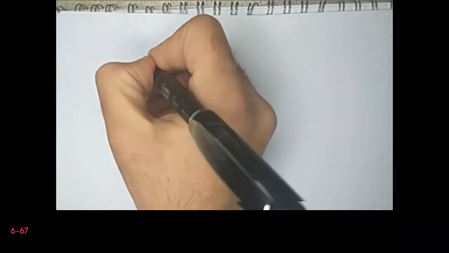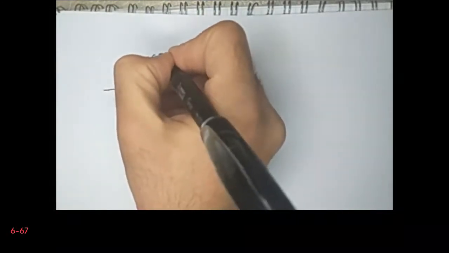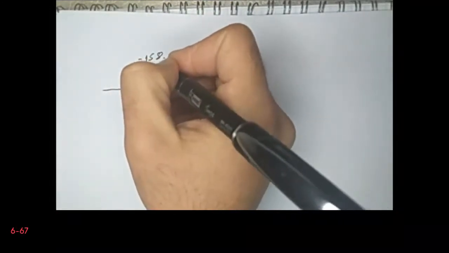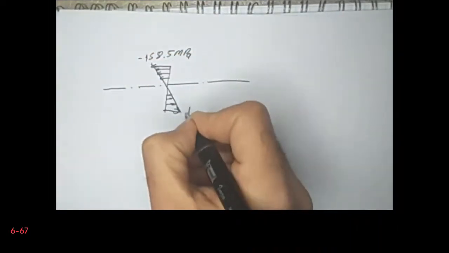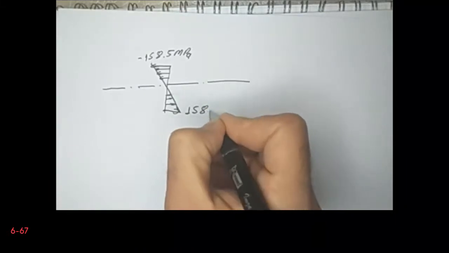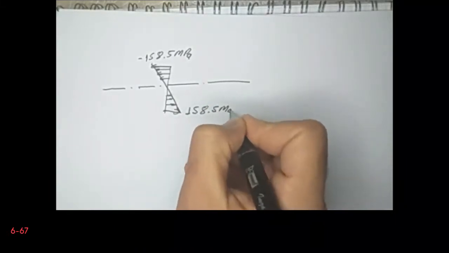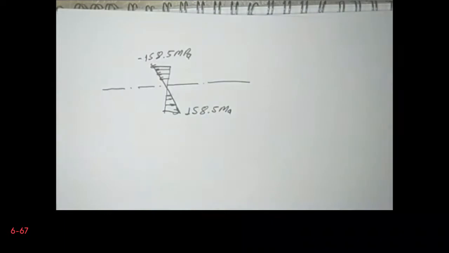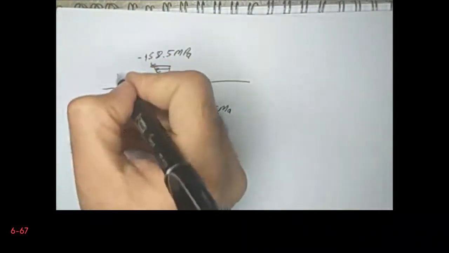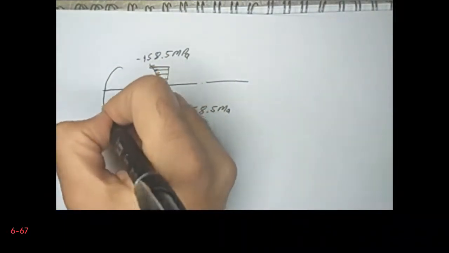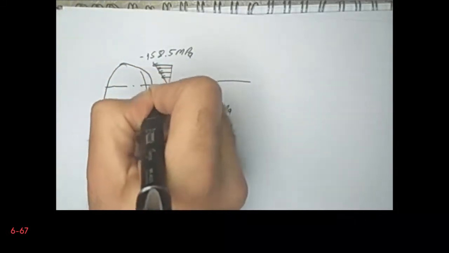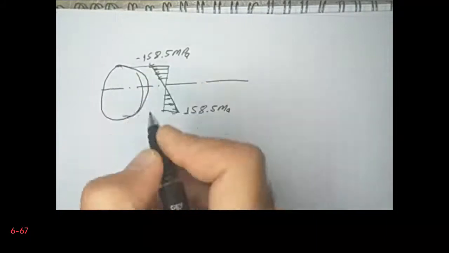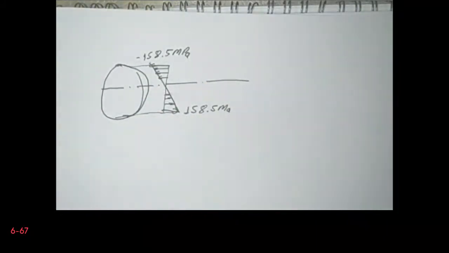This is minus 158.5 megapascals, and this is 158.5 megapascals tension, since this is the cross section of the shaft.